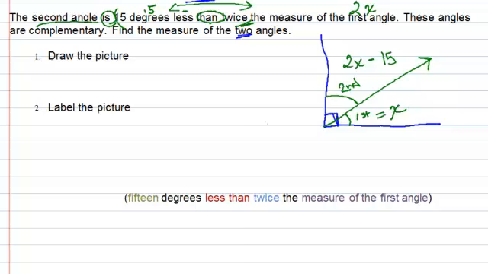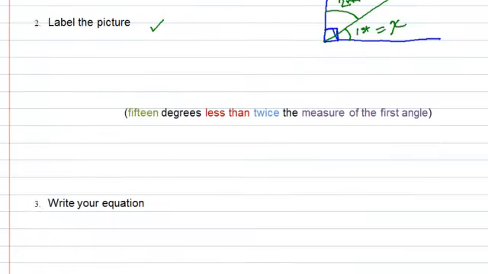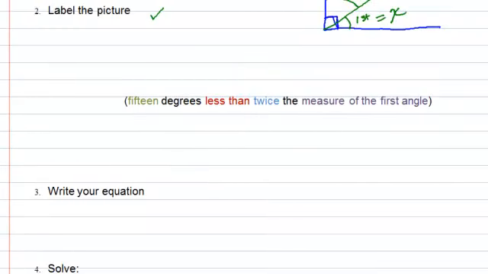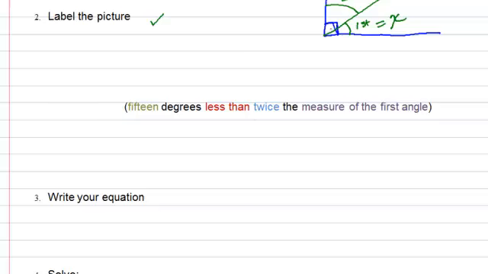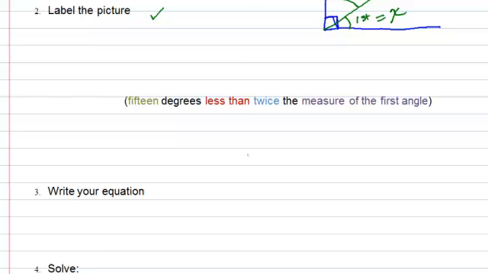These angles, again, are complementary. So we've drawn the picture, we've labeled the picture, and now we're going to write an equation. So our equation is, we know that the 2 angles add to 90 degrees, so we take both angles and we add them together.